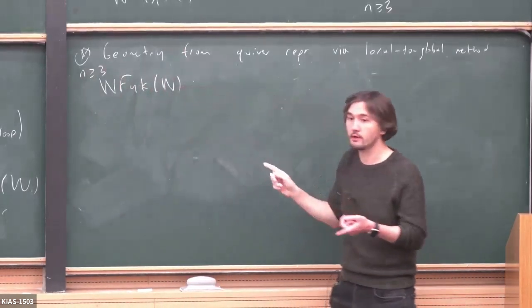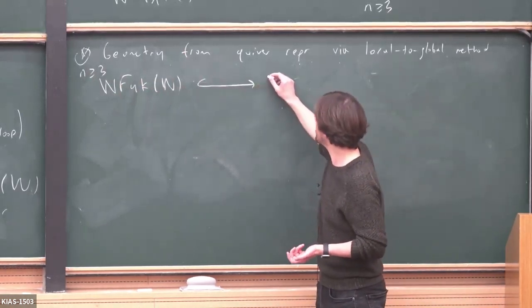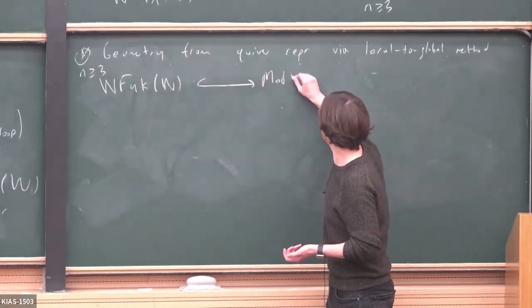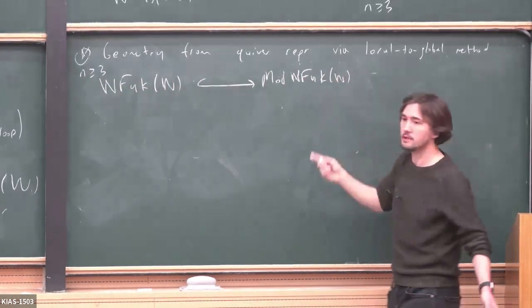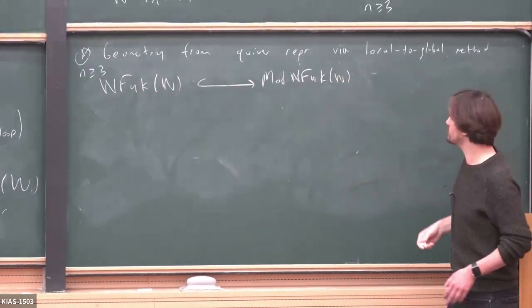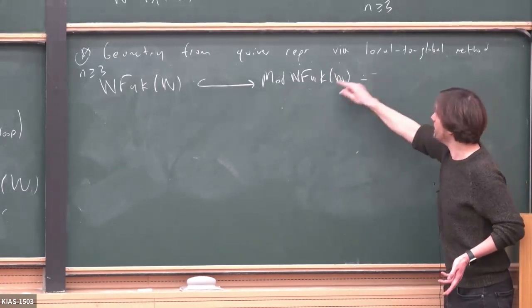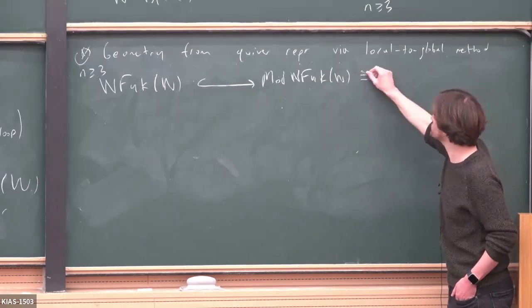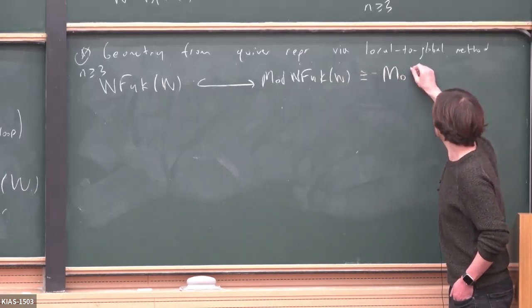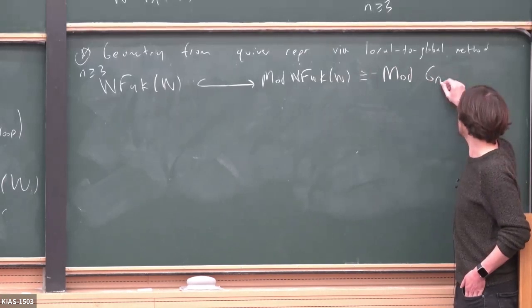I have a unit embedding of that into representations of itself, modules over itself. And now I know this is perf of the Ginzburg DG algebra, so I can write this as infinite dimensional representations of the Ginzburg DG algebra. So it embeds into that.